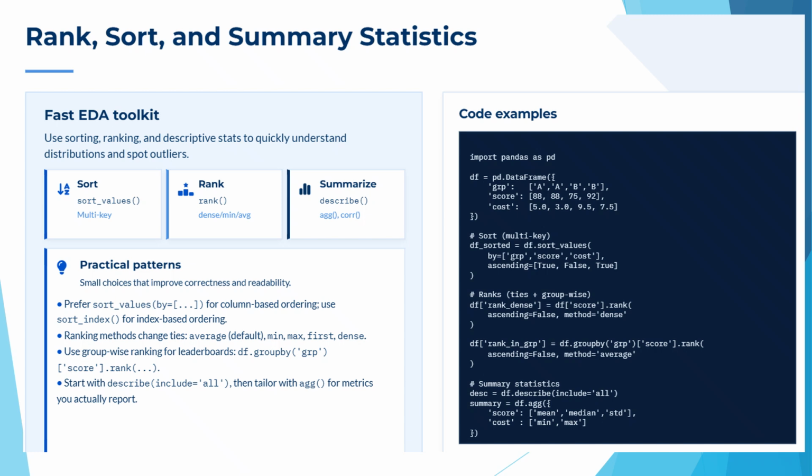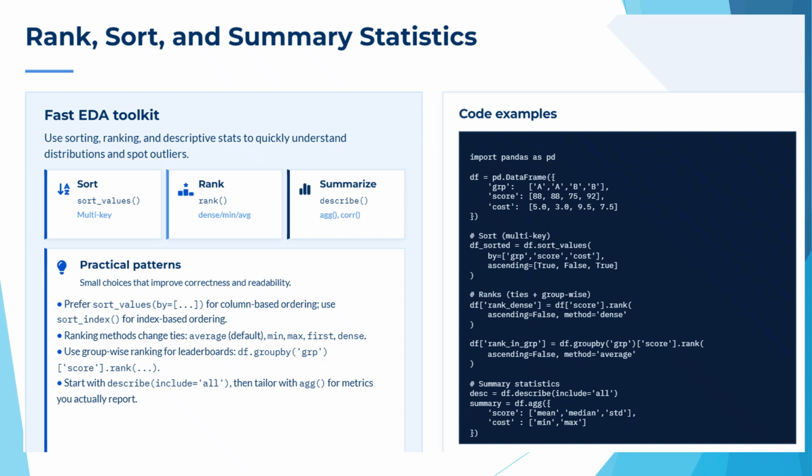Ranking assigns positions to values based on their magnitude, which is especially useful for comparisons, leaderboards, or identifying relative performance. Summary statistics, on the other hand, provide a compact numerical description of the data, including measures such as mean, median, standard deviation, and range. Together, these operations help analysts quickly detect outliers, understand variability, and gain insights into the dataset without needing complex visualizations.